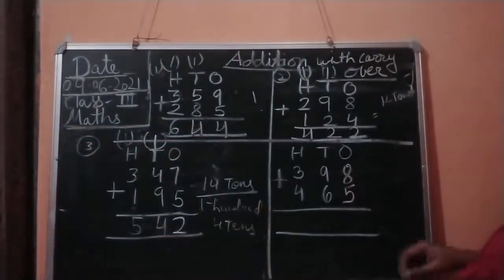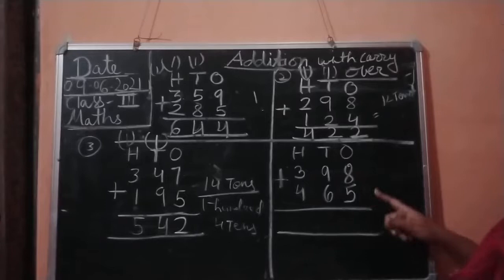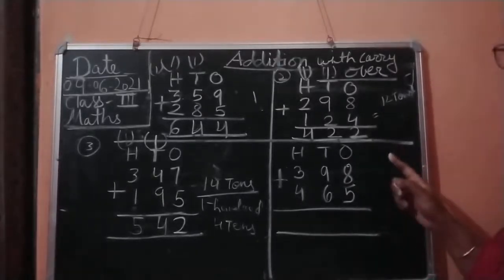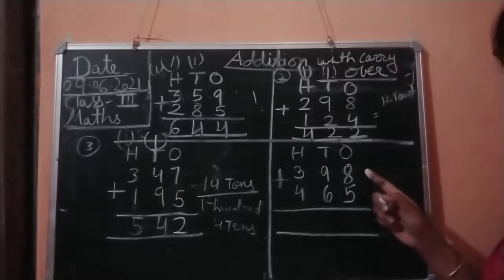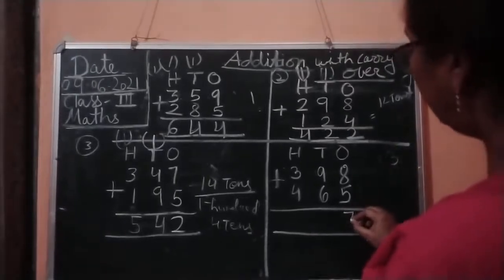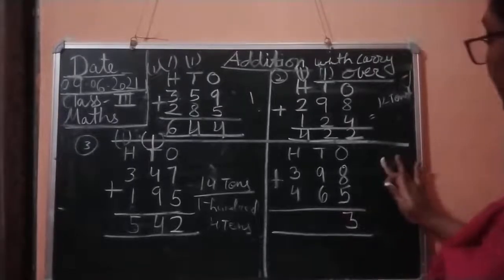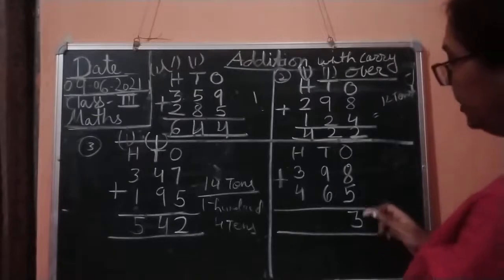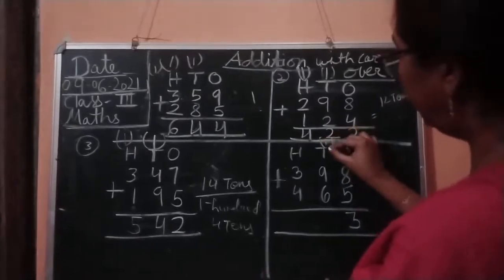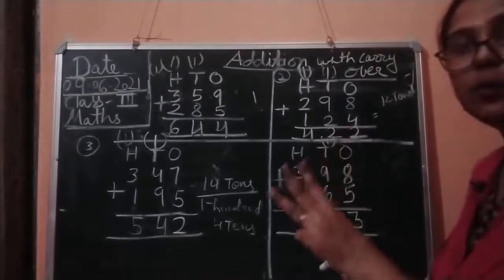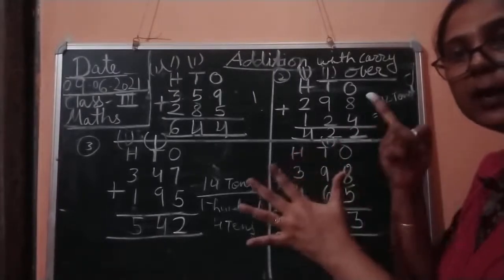Now we are moving to the next one, 8 and 5. 8 and 5 is, yes, of course, 9, 10, 11, 12, 13. 13 is the answer. So we will write 3 over here, 3 ones, because this is the ones column. Now 1 will be shifted over here. So 9 and 6, 10, 11, 12, 13, 14, 15, 16.